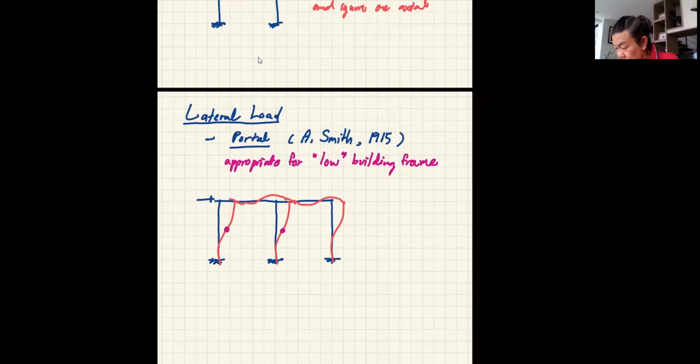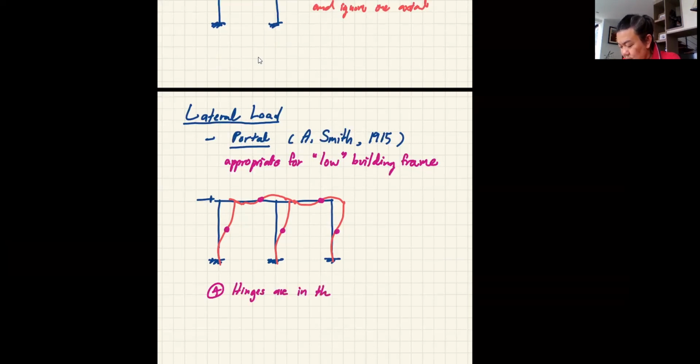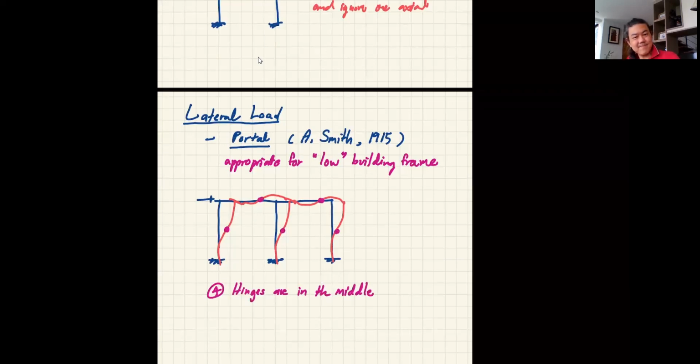Internal hinge, internal hinge, internal hinge, and internal hinge. You see? So first, we can assume that the hinges are in the middle of every member. Okay? See how easy that is?